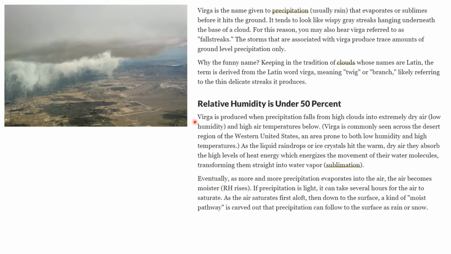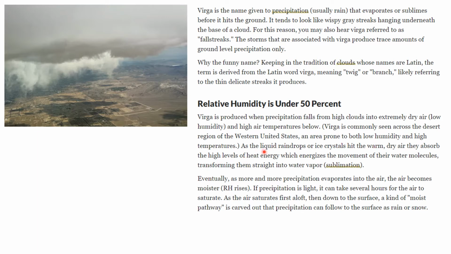Virga is produced when precipitation falls from high clouds into extremely dry air, low humidity, and high air temperatures below. Virga is commonly seen across the desert regions of the western United States, an area prone to both low humidity and high temperatures.